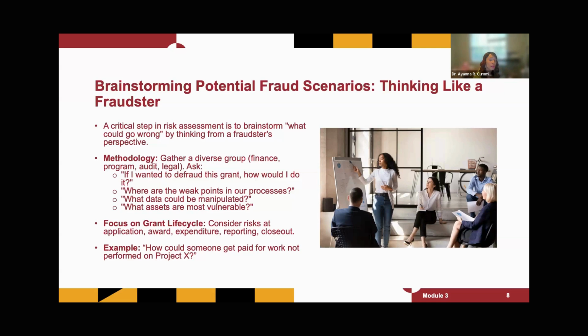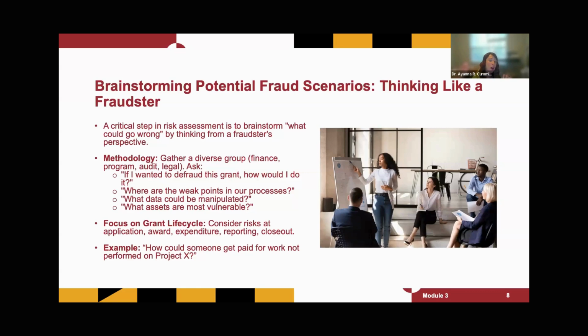So as we again look back at that grants management lifecycle, consider the risks at the application period, the award period, the expenditure and financial reporting period, and then the closeout of the grant, because there can be many at each cycle in that life cycle.